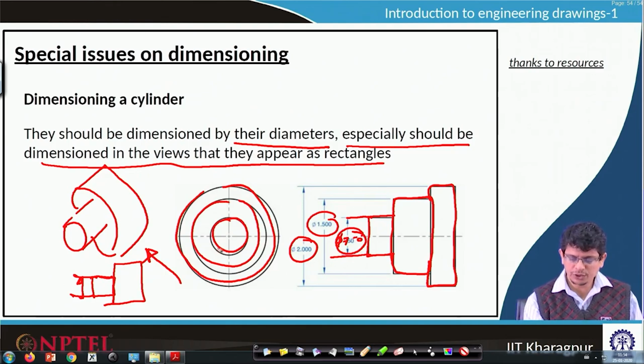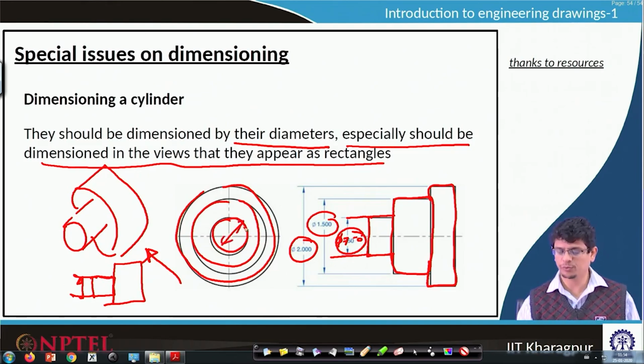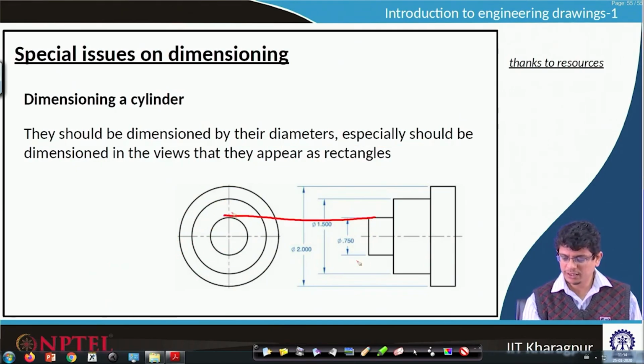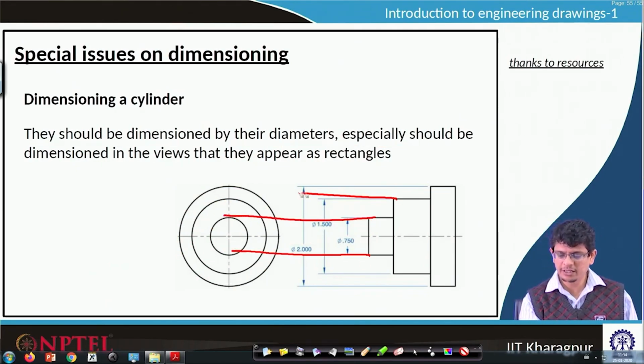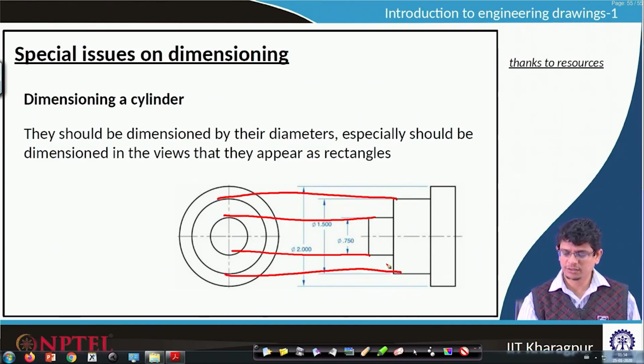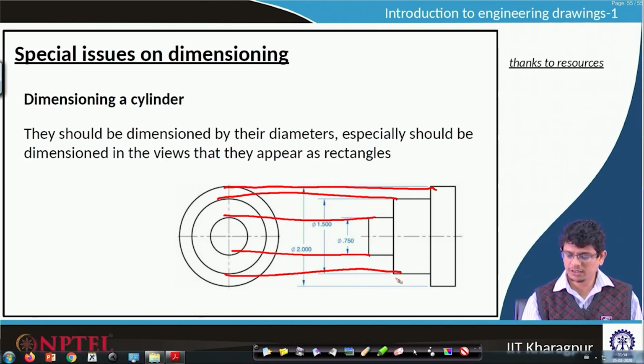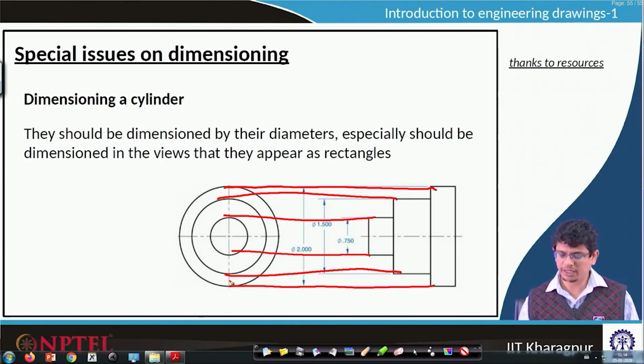We do not usually show the diameter in this view; everything is supposed to be shown from this one. So, these two are of the same dimensions. Similarly, this one is of the same dimension. Similarly, this one and this one are of the same dimensions. So, this is what we call the front view, and perhaps this one is the side view.